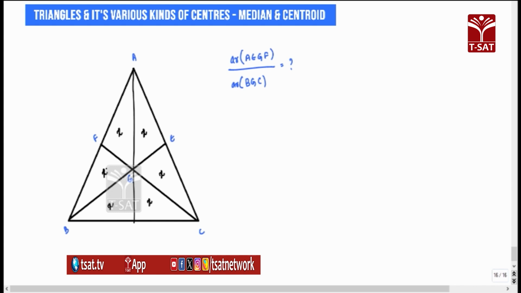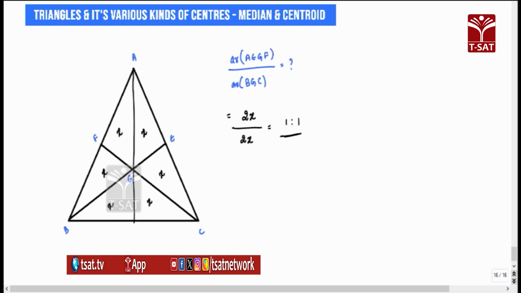All the areas I am taking as x. AEGF is a quadrilateral which is 2x because it consists of two triangles. Now BGC also consists of two triangles, therefore that area is 2x, so the ratio is 1:1, or simply equal to 1.